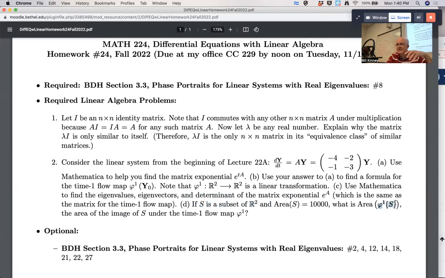Phi1 of S represents all possible outputs of the time 1 map as you plug in different points in S. What is the image of that circle? Phi1 is a linear transformation. This is stuff we did talk about when we talked about images of linear transformations. What's its area? It comes out in the lecture. I tell you what to do.